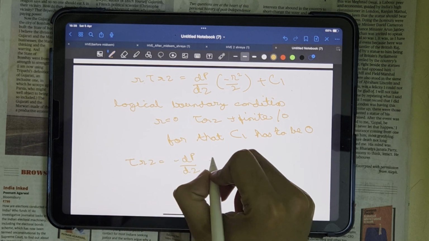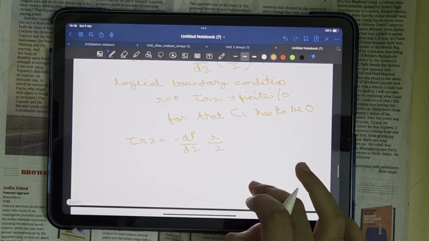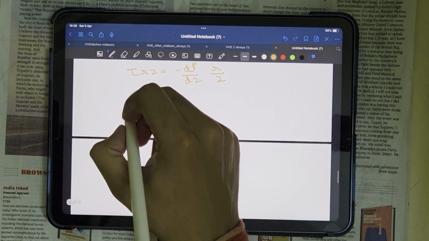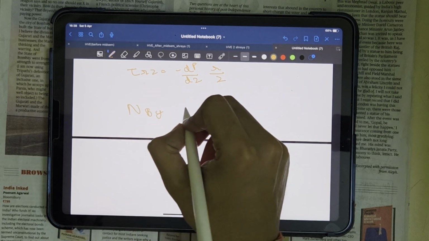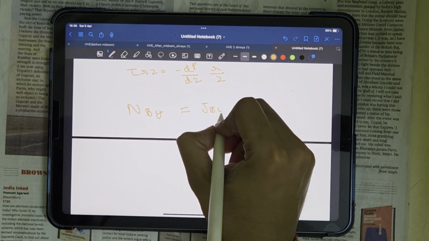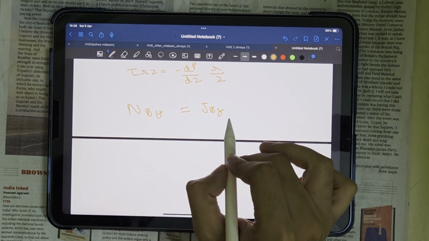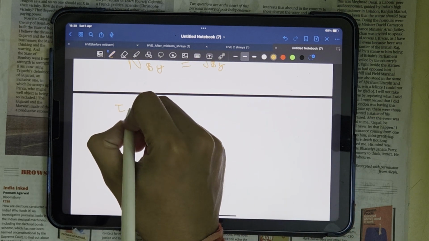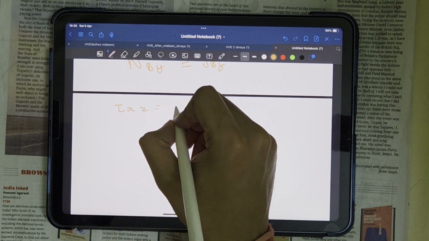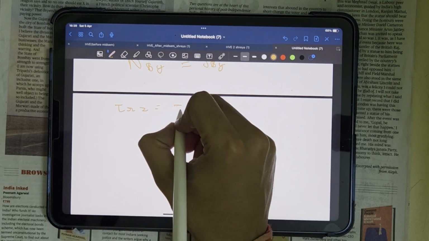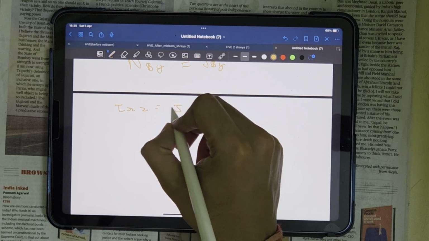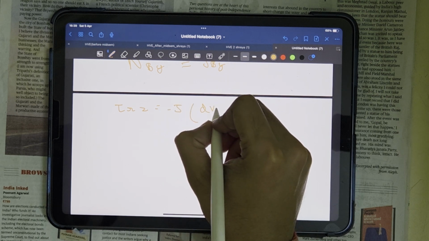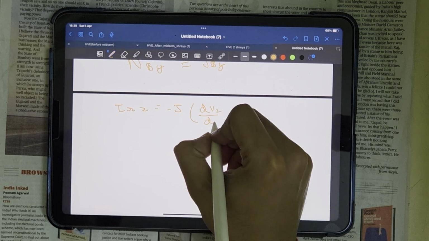Now there is an equation of power law given in the question, which is nBy is equals to jv. nBy is our momentum flux and jvy is the velocity gradient. So we will write it as tau rz is equals to minus of j times dvz by dr whole power n, and this will be also minus.